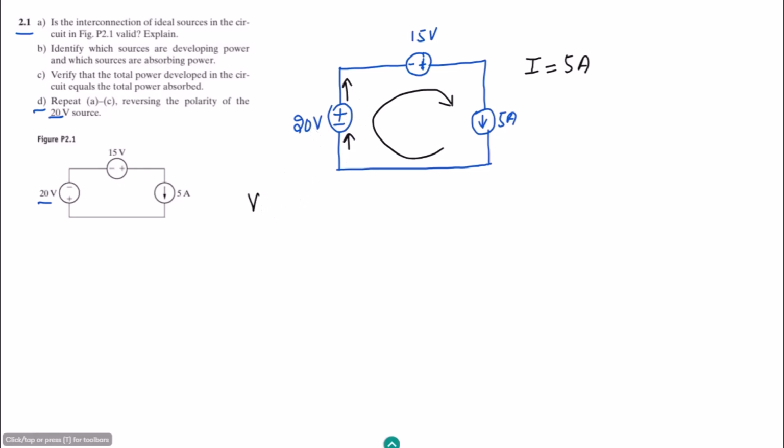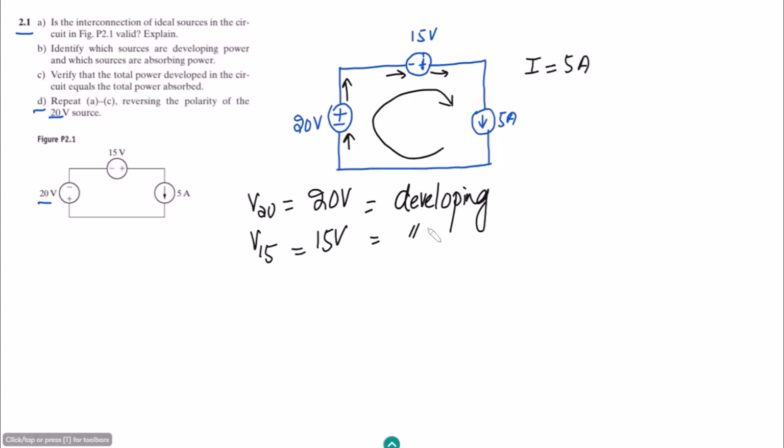So this 20 volt source is a developing source. Similarly here, the current comes in from the negative and goes out of the positive, so this 15 volt source is also a developing one.